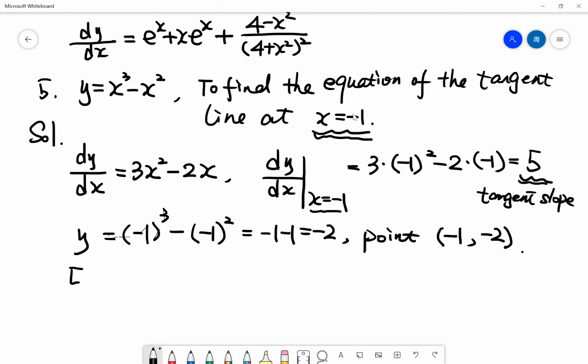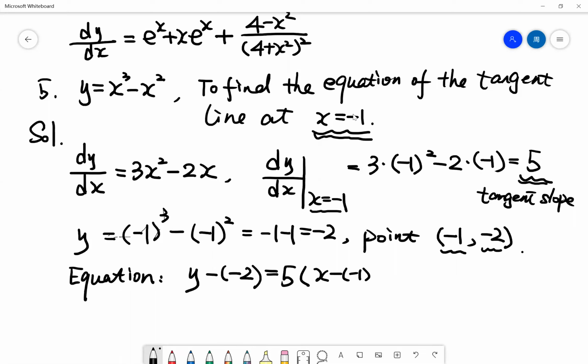So we can have the equation here, that is y minus y0, so y minus (minus 2) equals slope 5 times (x minus x0), here x0 is minus 1.